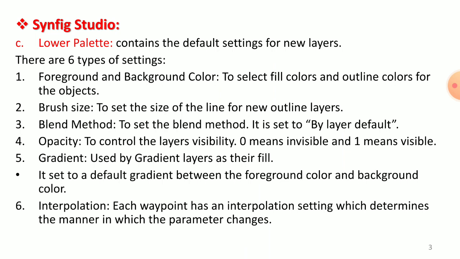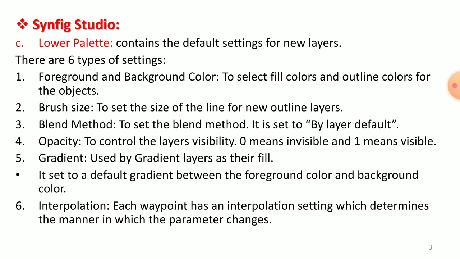First, foreground and background color. These are used to select the fill color and outline color for the object. You can also change the foreground and background colors. Second is brush size.